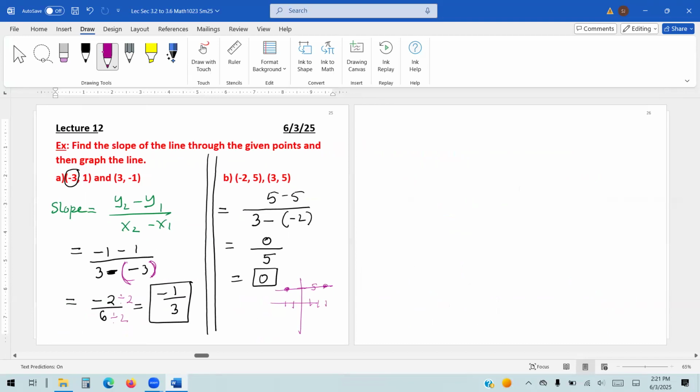Okay, so we know when we have 0 on the top and any number on the bottom, the answer is 0. How about the other way around? If we have a number on the top but 0 on the bottom, undefined, it doesn't exist.